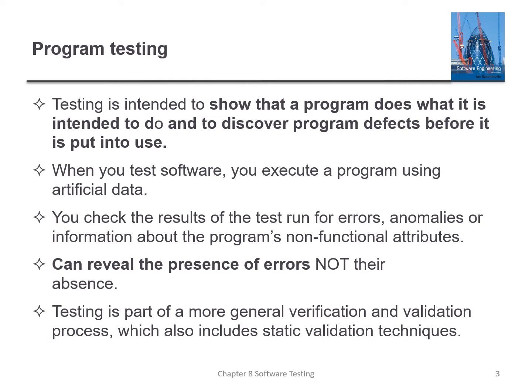But even though you keep on testing, there are some parts of the program where you might not be able to reveal the error. So that's what it means: testing is not to show the absence of errors. Even though you keep on testing, there are still some parts of the program with errors that have not been revealed.